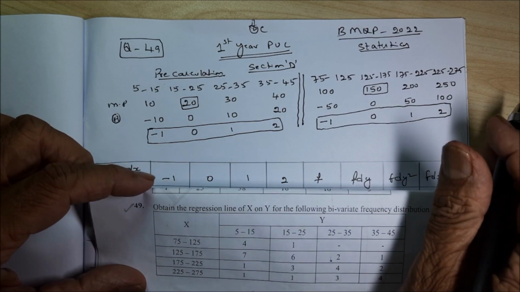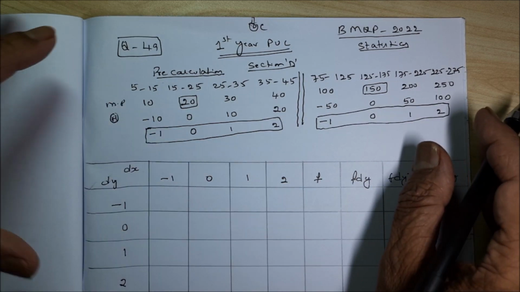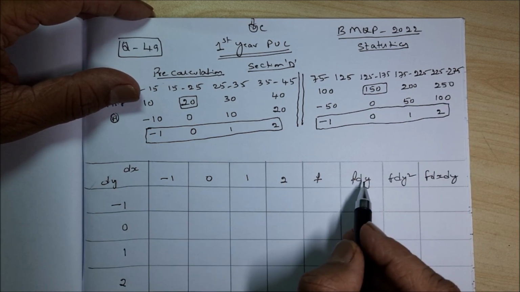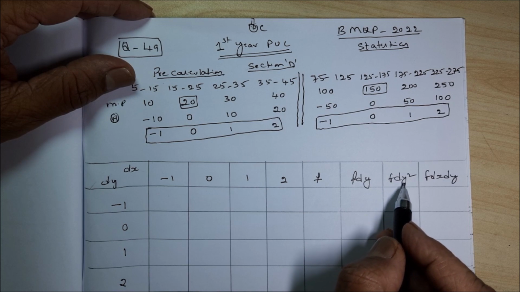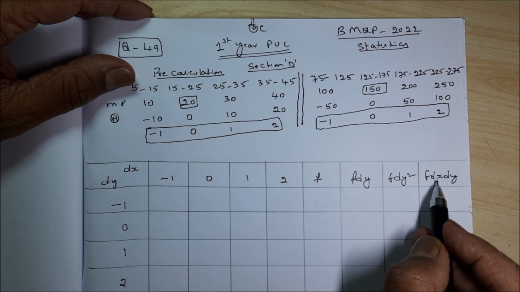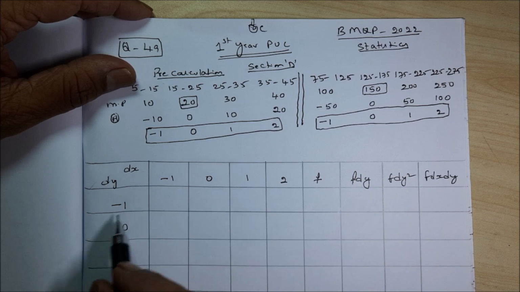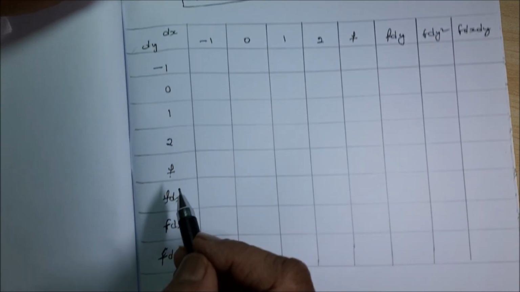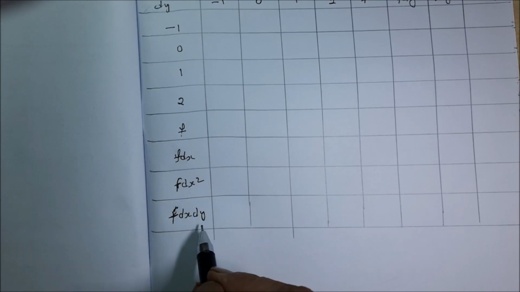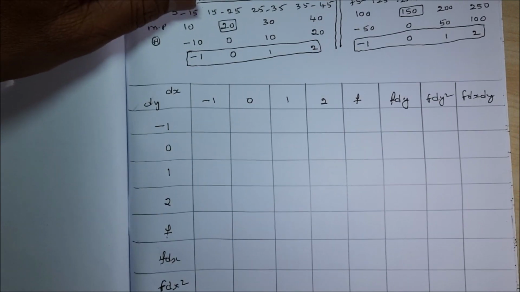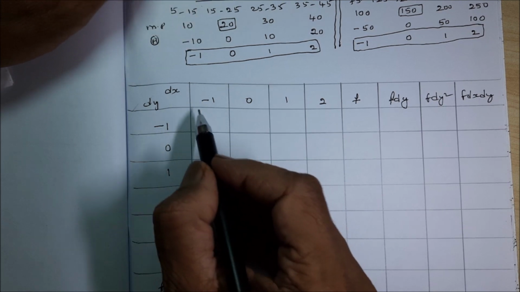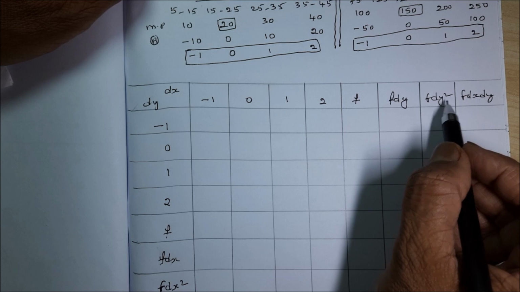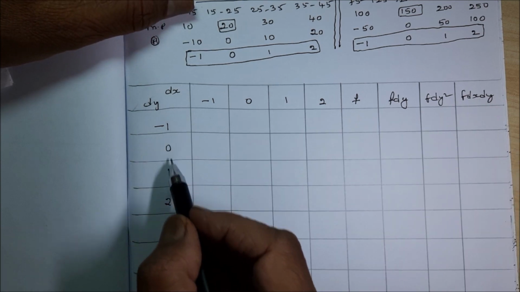I have written dy, dx, minus 1, 0, 1, 2, f dy, f dy square, f dx dy, f dx square, f dx, f dy. So this is very simple.